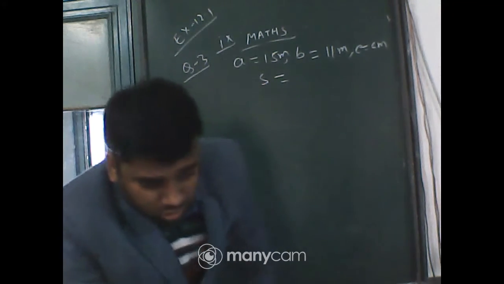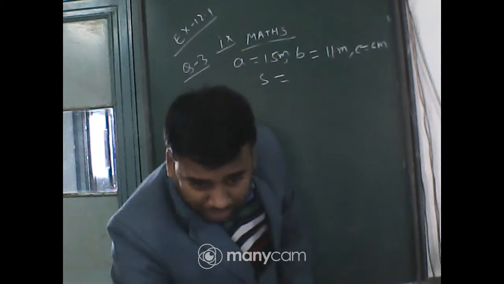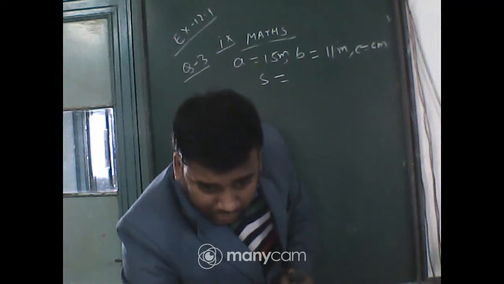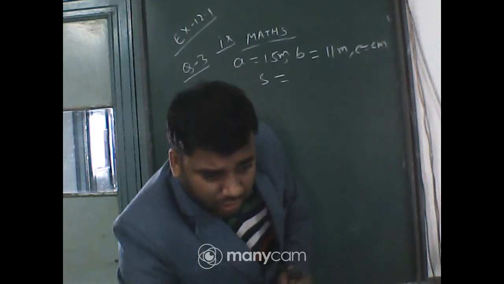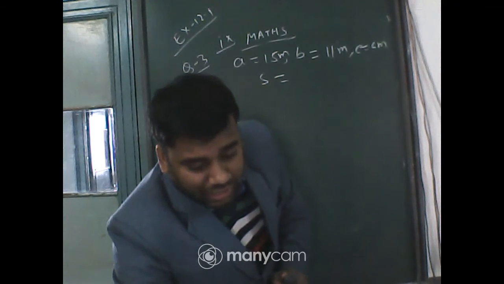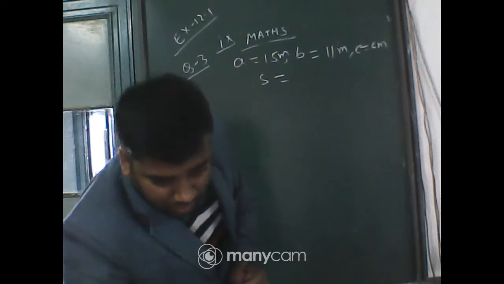So Suhit, what is the perimeter? Who are in the call? Just write it down quickly. 16 students are here and few of them are answering.